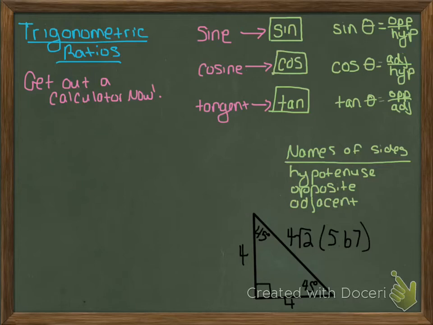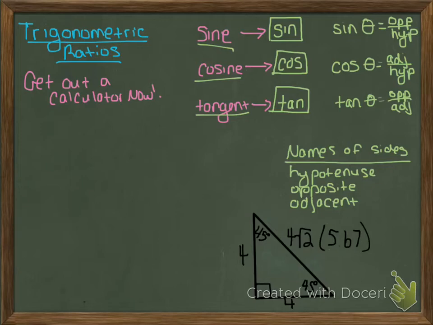So we're going to be talking about these buttons on your calculator that are our trigonometric ratios. Those are sine, cosine, and tangent buttons. Now, you've always probably thought of them as sin, cos, and tan.